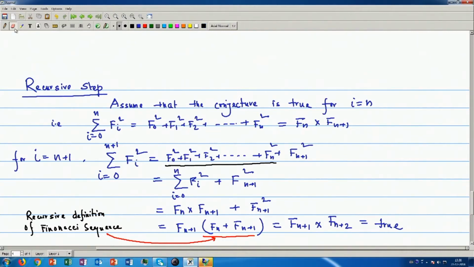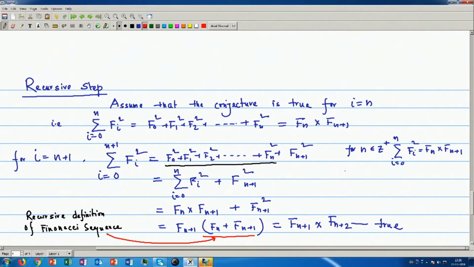So, I can write that the property, for all n belonging to the set of positive integers, summation i equal to 0 to n of f i square is f n into f n plus 1.